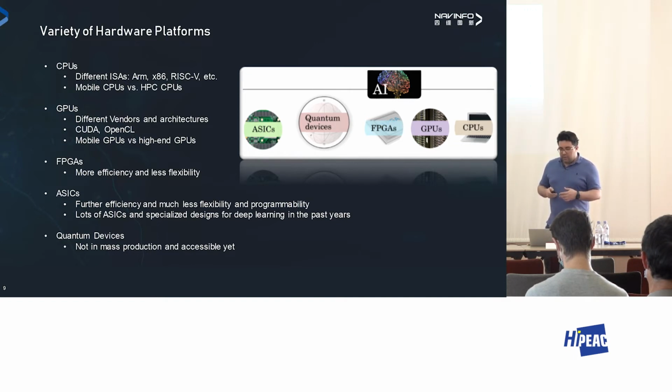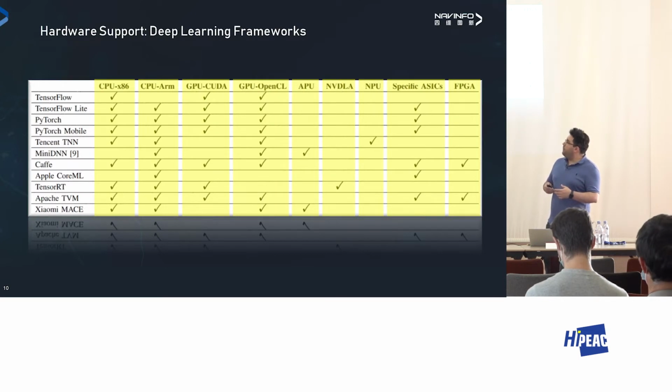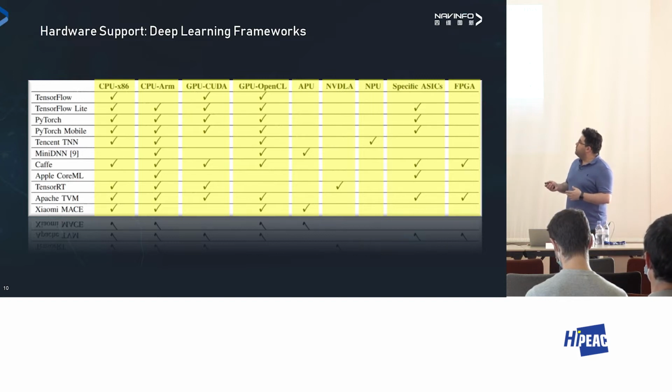So now let's see, we have different deep learning frameworks here, and you see that, for instance, most of them are supporting x86 CPU. Again, this is TensorFlow, this is TensorFlow Lite, which is mostly developed with the purpose of mobile devices. We have PyTorch and PyTorch Mobile.